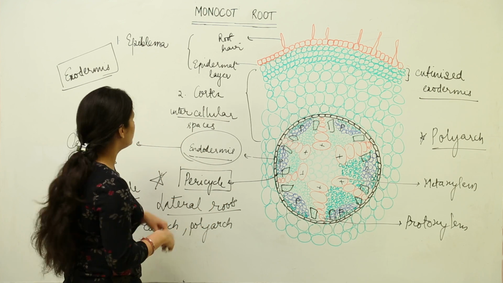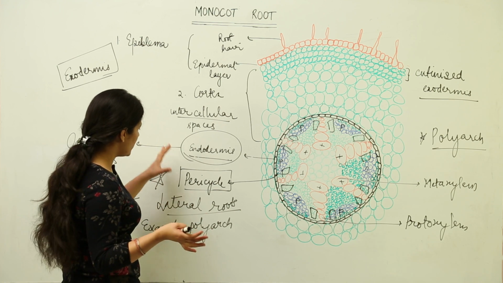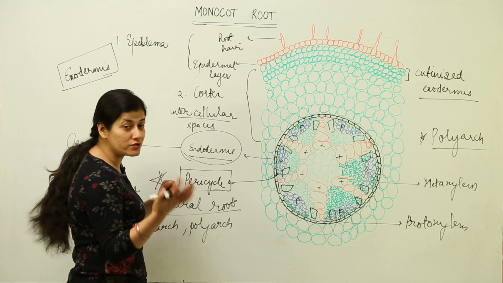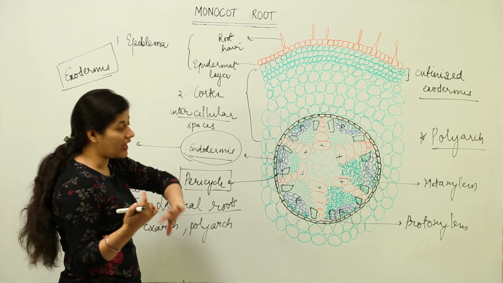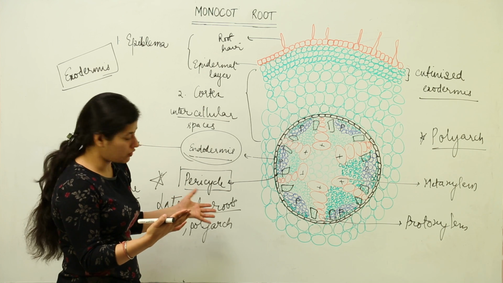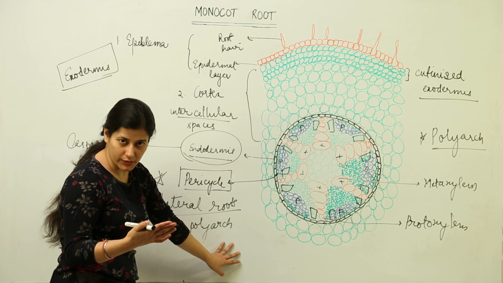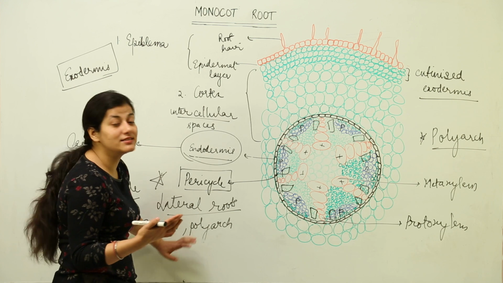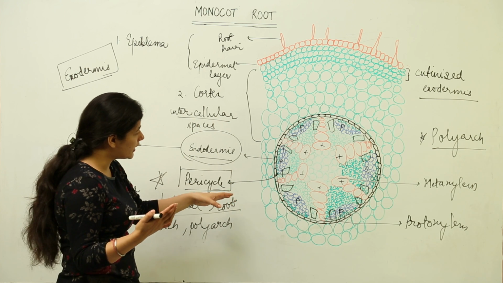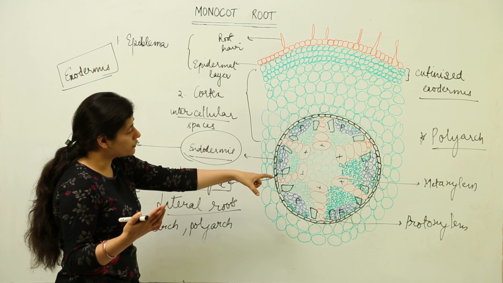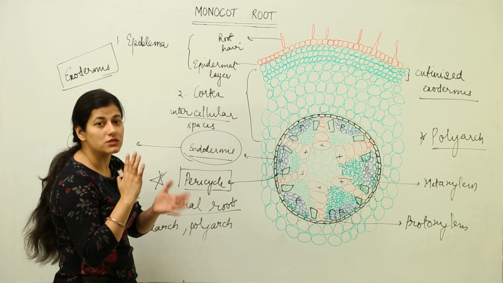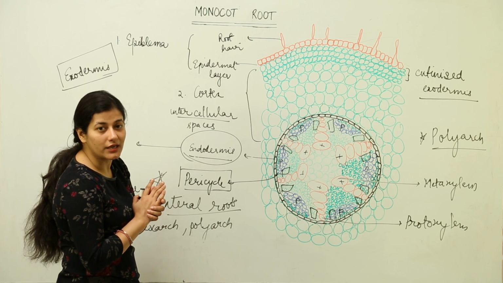Do remember the points of differences again, and the most important point of difference is that unlike the vascular bundles, which were 4 in the case of dicot root, we have a polyarch condition over here. Then we had the exarch arrangement, which is similar to the dicot root because the protoxylem lies towards the outside while metaxylem lies inside. The pith is not that well developed in the case of dicot.